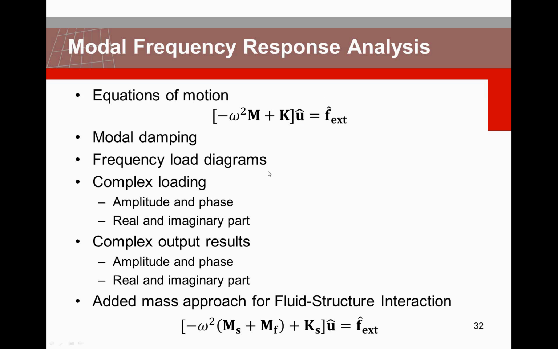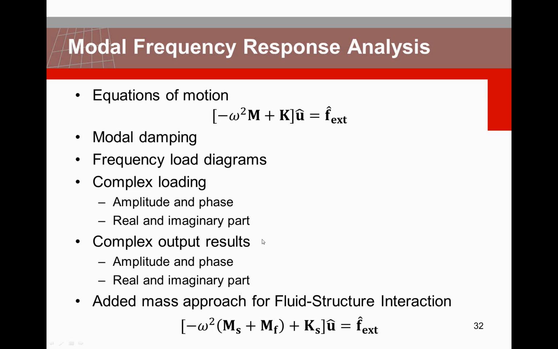Here you can use the frequency load diagrams, complex loading with amplitude and phase, and real and imaginary parts possible. The output is also complex for this kind of analysis, which means you can either see it as amplitude and phase angle or as a real and imaginary part of the solution, sometimes depending on your output device.